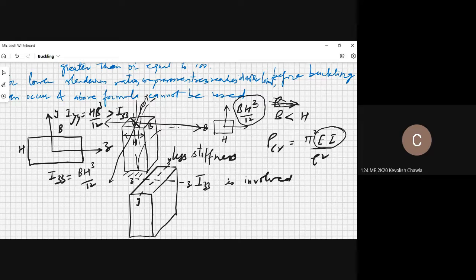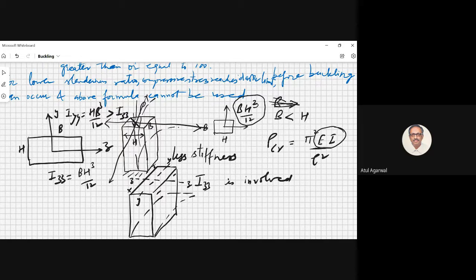Like it should be bending about the Y axis. IYY will be involved when you have tension here and compression here. Then your IYY is involved.